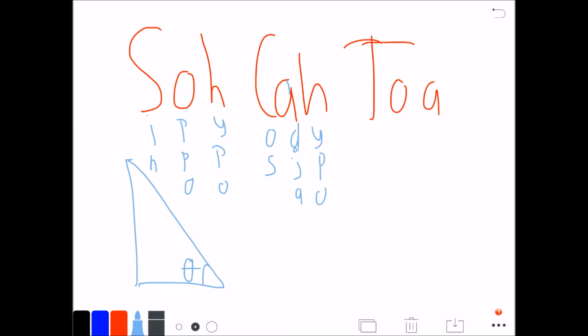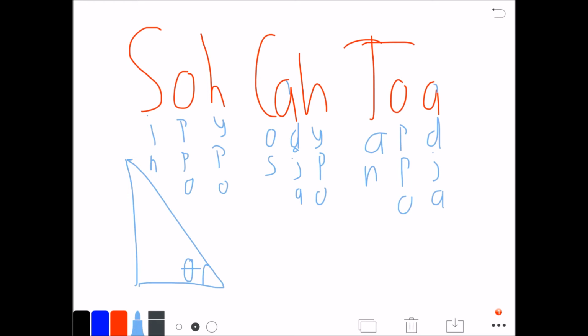So both sine and cosine have hypotenuse in their relationship. And then this is tangent. And this is opposite, again, O. And the A stands for adjacent. So tangent does not use the hypotenuse in its relationship.